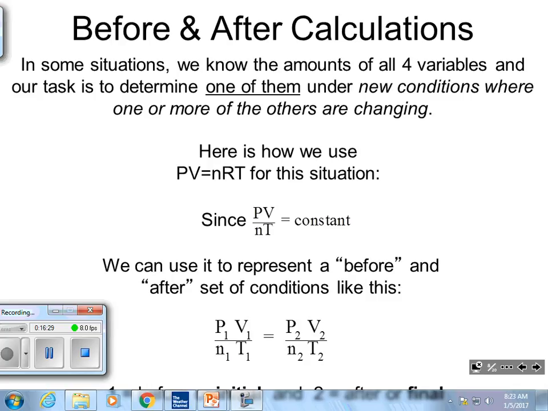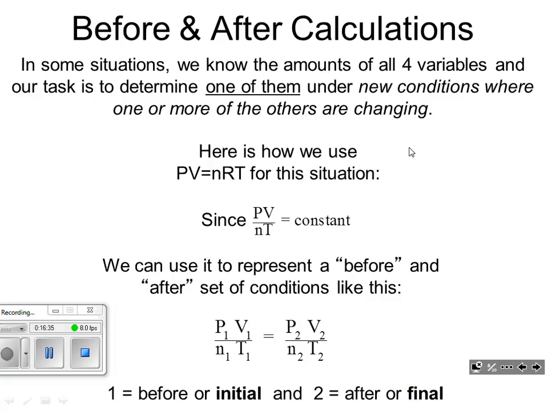So we're looking at this, and we're going to call these before and after calculations. On these before and after calculations, we will know 4 variables, and we will be asked to determine 1 variable after we rework the conditions.